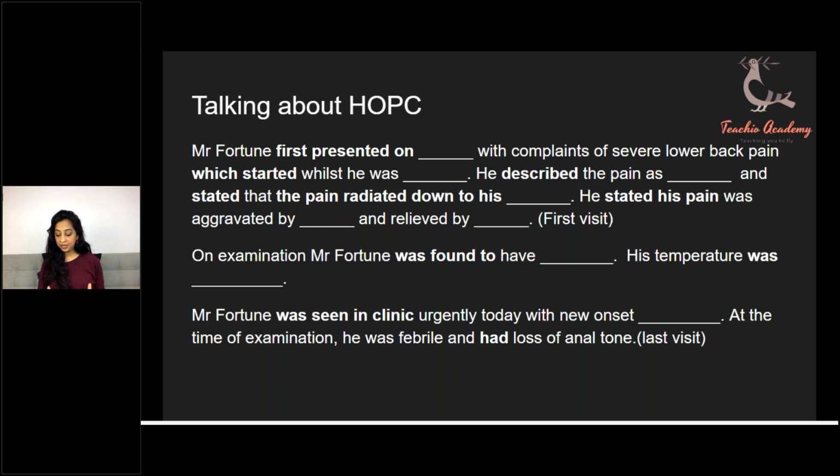History of presenting complaints is a history, so it's happened in the past. So that's why we're going to be using the past tense. Guys, if you've understood the difference and you've understood why we've used the present tense for the presenting complaints, make your life easy. Presenting complaints, so present tense. History of presenting complaints, because it's a history, it's going to be in the past tense.